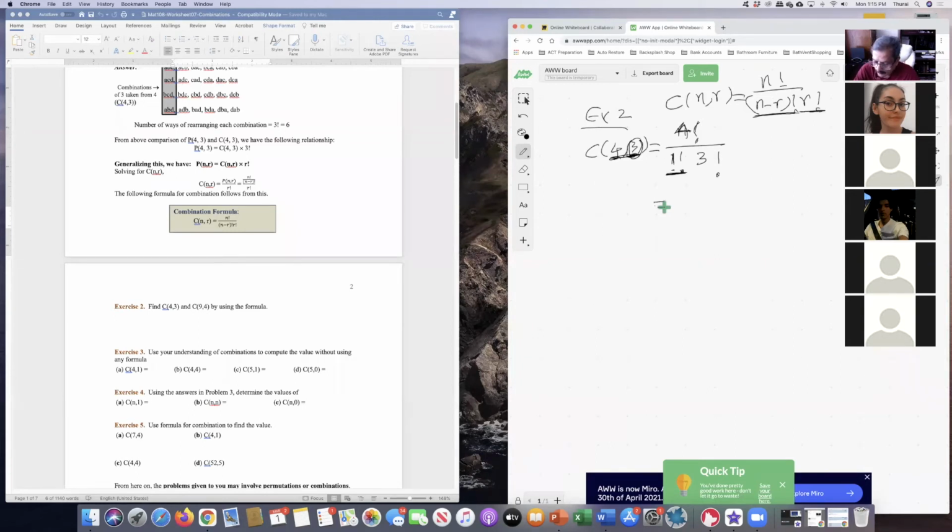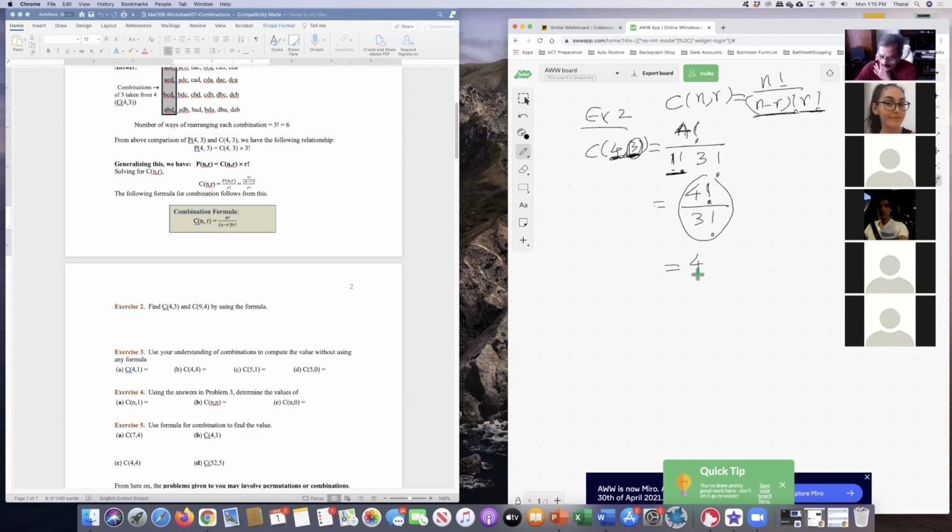Factorial 4 divided by factorial 1 fits into the definition. The factorial of any number is the product of all the numbers starting from the given number down to 1. So factorial 1 means starting at 1 going down to 1, which is just 1. Factorial 3 is still there, and now you simplify this, and that's equal to 4.